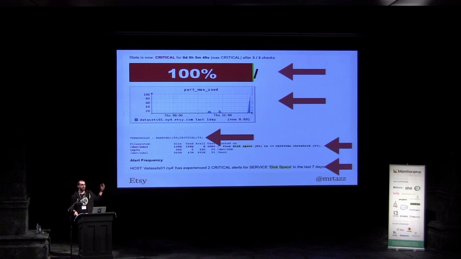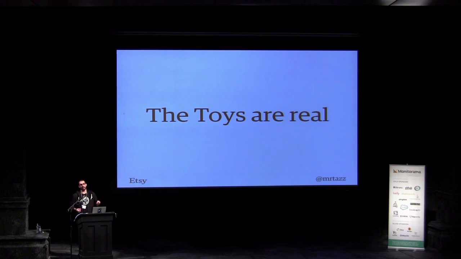So within a minute of waking up, grabbing your phone, and looking at it, you have way more context about what this alert means and how it relates to the past. This is already pretty awesome in terms of Nagios setup, and this is the reality of what helped us a lot in making the on-call experience a lot better.